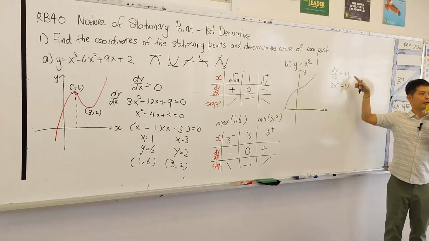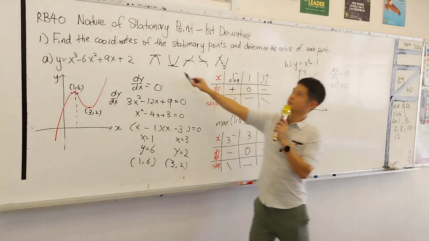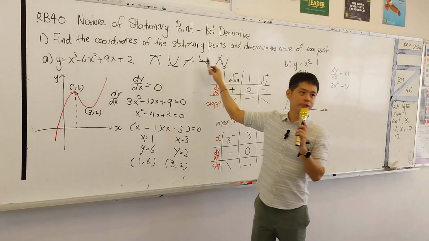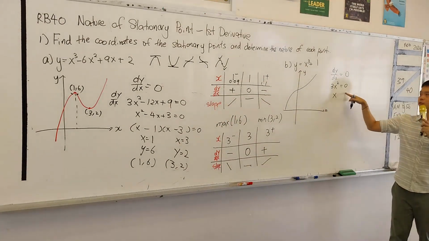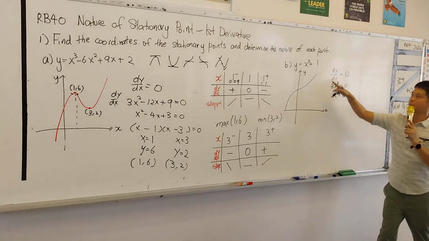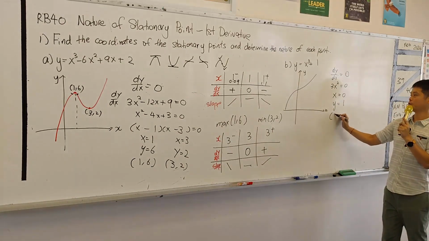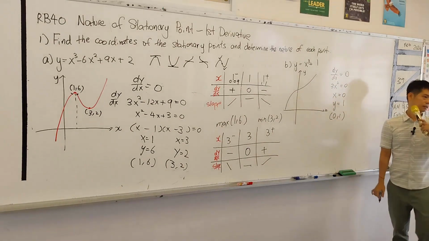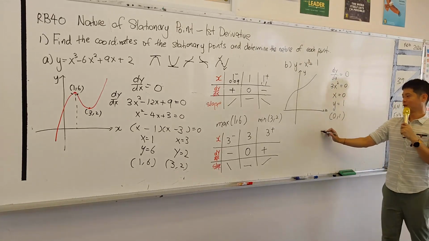I differentiate and let it be equal 0 because for all stationary points, the gradient must be 0. So when 3x squared equals to 0, x equals to 0, I substitute back here, y equals to 1. So your turning point will be 0, 1. Good news, there's only one turning point.